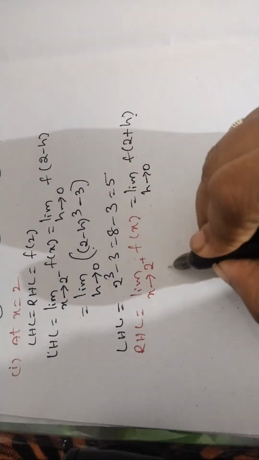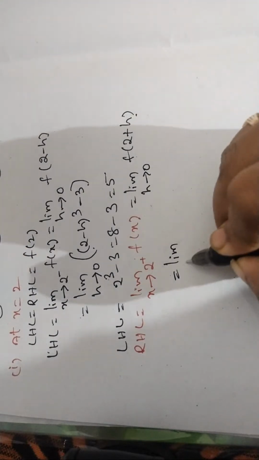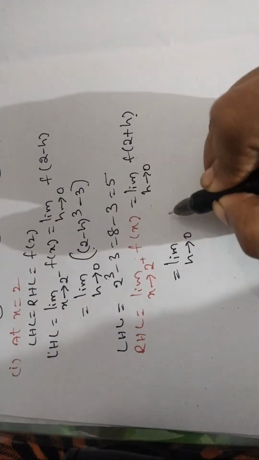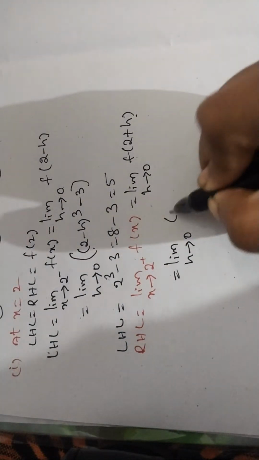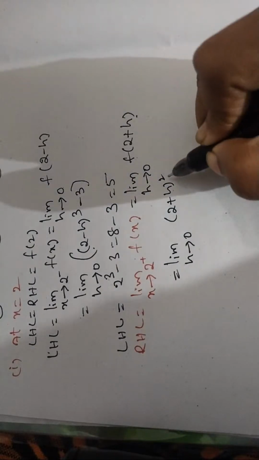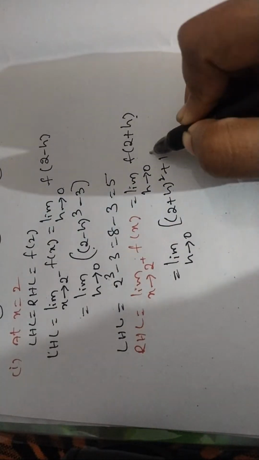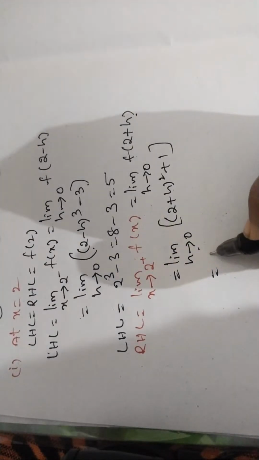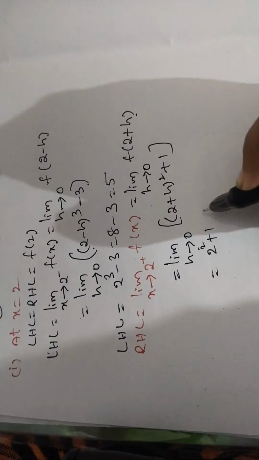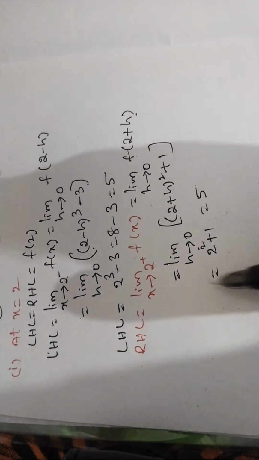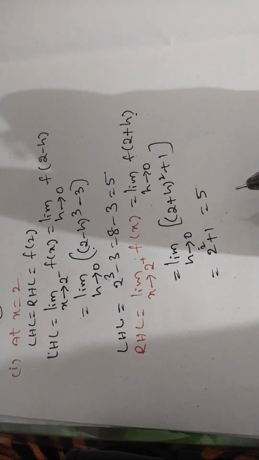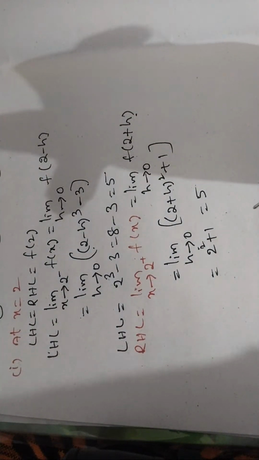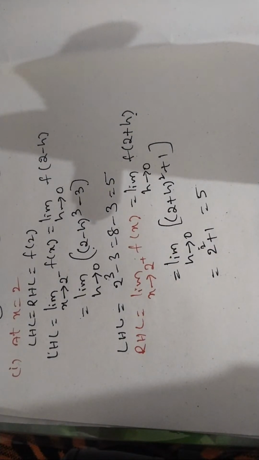So write this one, limit h tends to 0, 2 plus h whole square plus 1. Now, write h value in this function, 2 square plus 1, that is 5. RHL also 5. Here LHL is 5 and RHL is also 5.